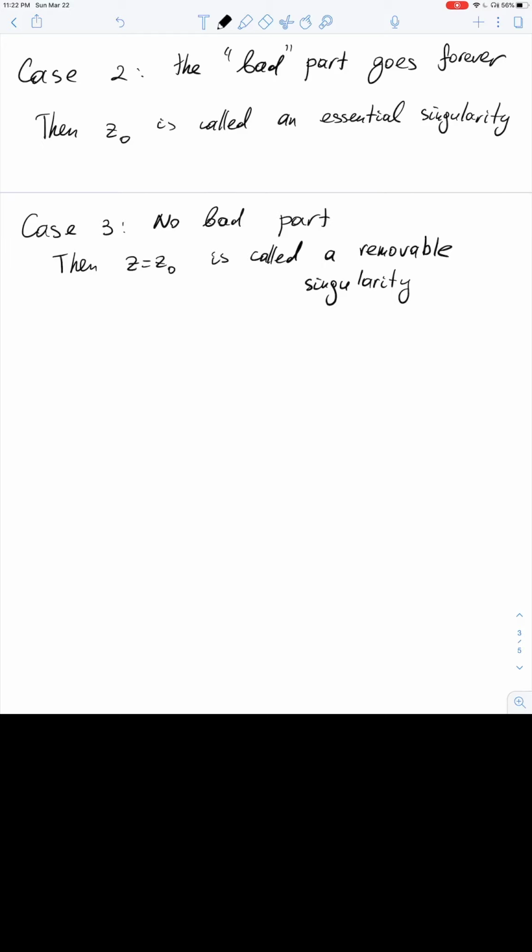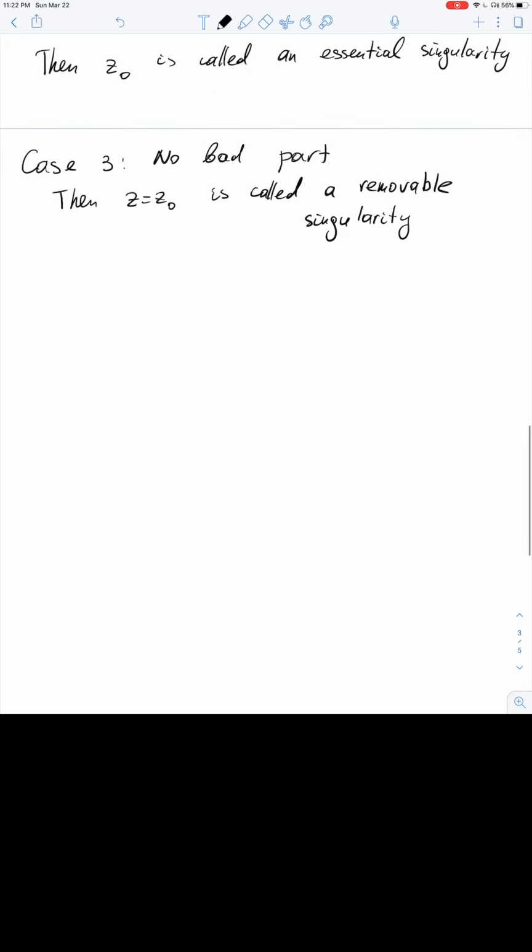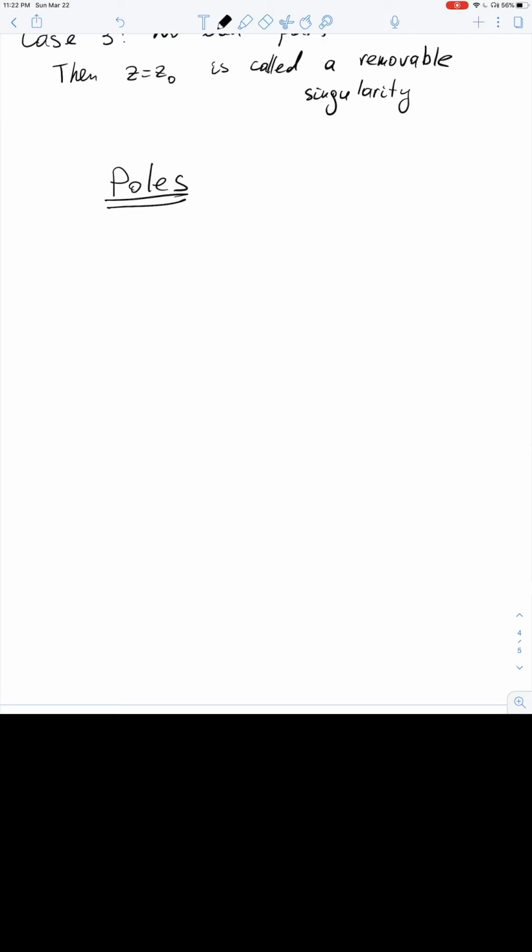So the main thing is a pole. We'll talk about poles a lot. So what does it mean that z0 is a pole?